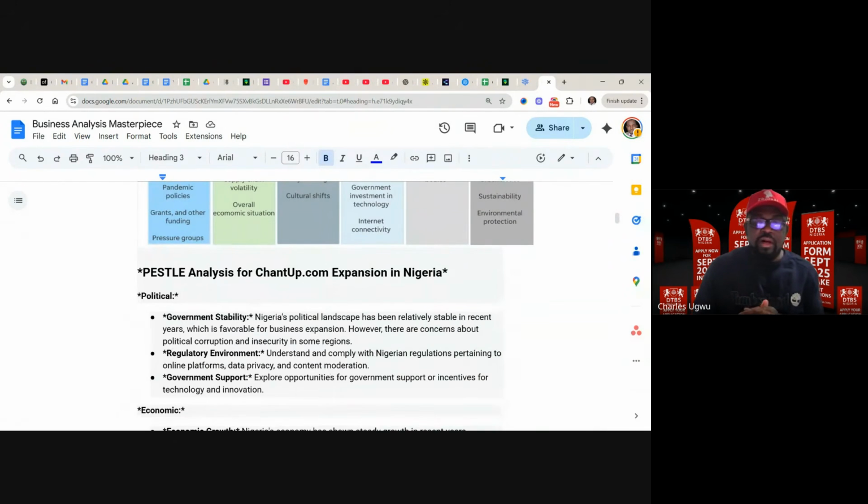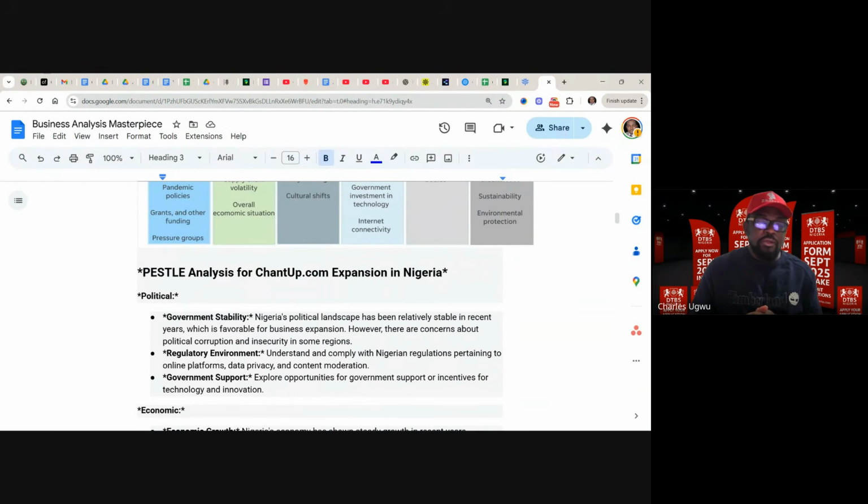The Nigerian landscape has been relatively stable in recent years. That's government stability, which is favorable for business expansion. However, there are concerns about political corruption and insecurity in some regions.